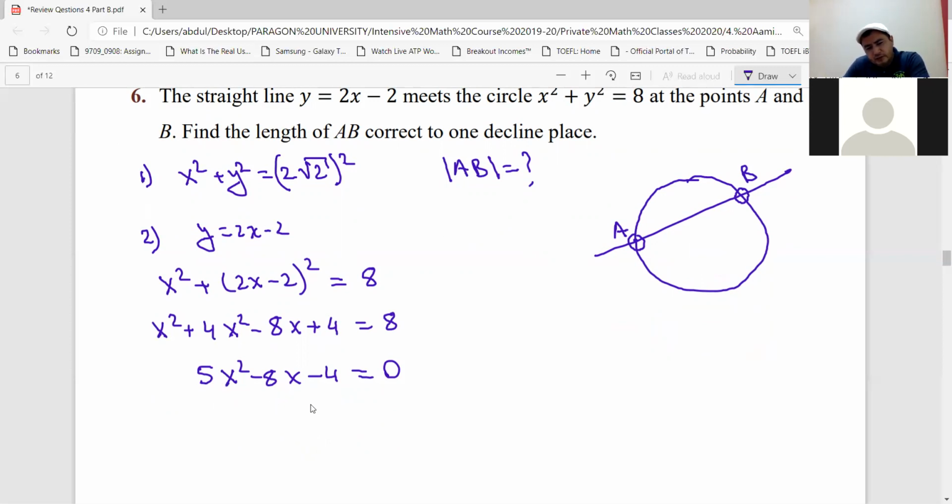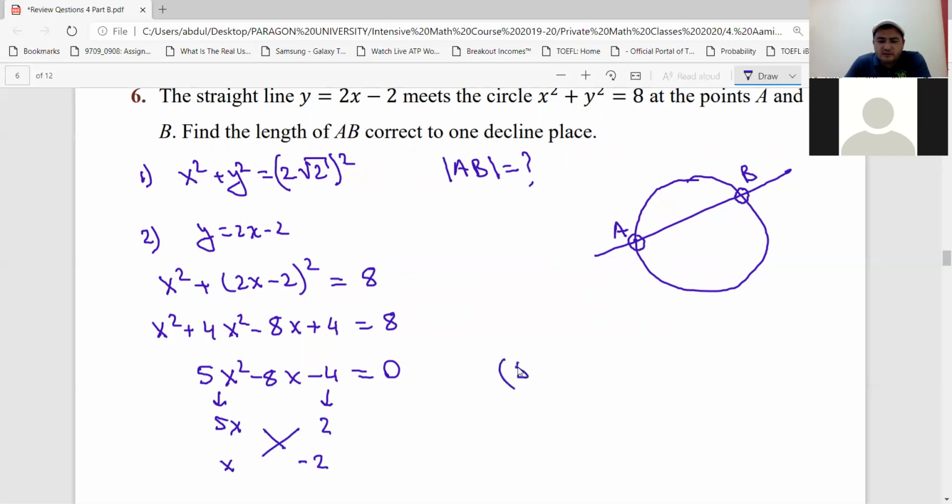Can we solve this by factorization, Amira? Yes, I think so. You can take the x out. As in, 5x times x gives 5x squared, and negative 2 times 2 gives negative 4, so that is minus 8x.